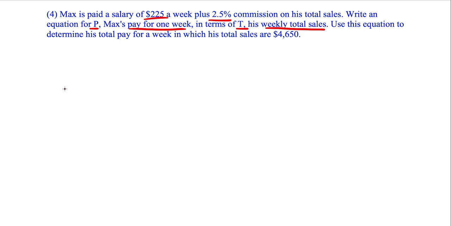So what we have here is that capital P is equal to the fixed amount, which is 225. So this is our constant, or like our y-intercept when we write our linear equation. But then once again, Max is going to get 2.5% commission on total sales. So just know 2.5%, we're going to write as a decimal. This is 2.5 out of 100.